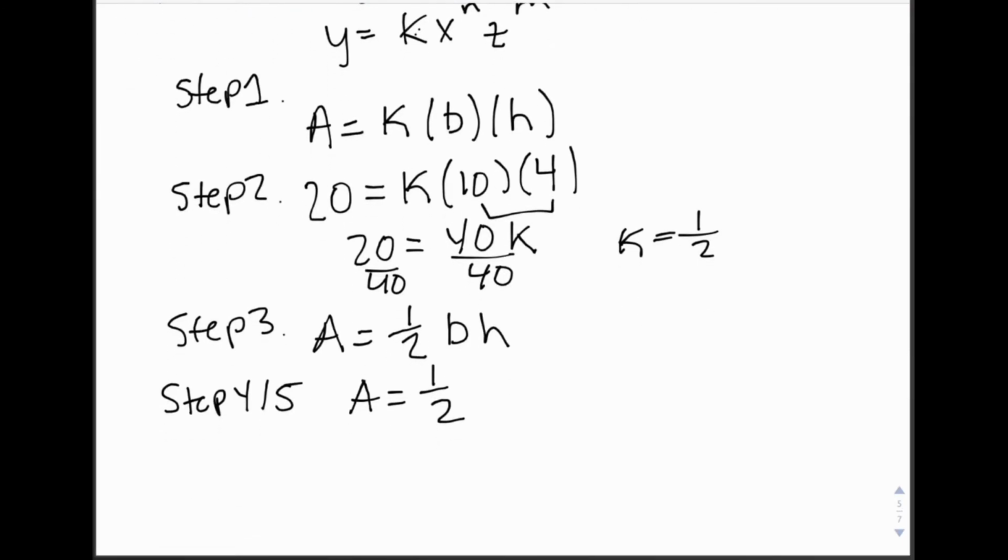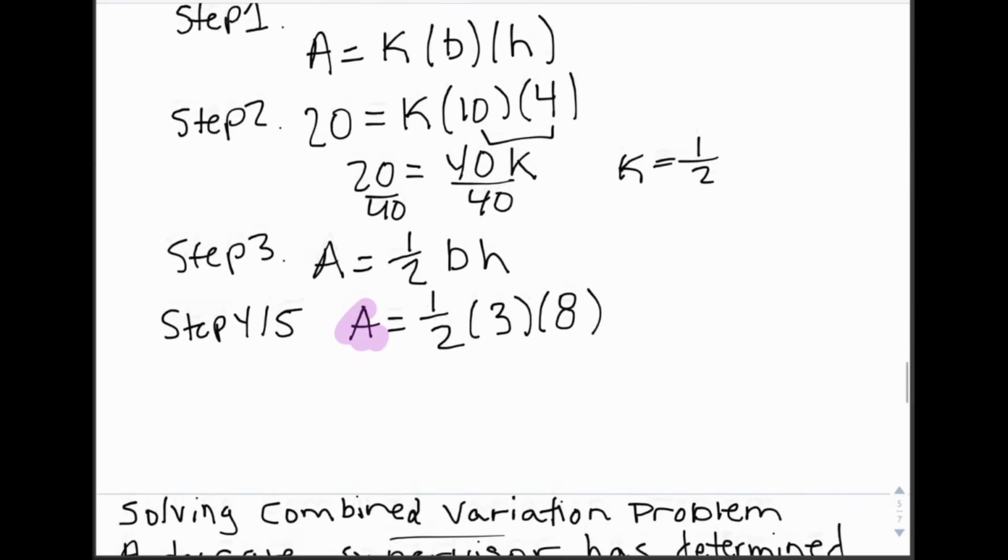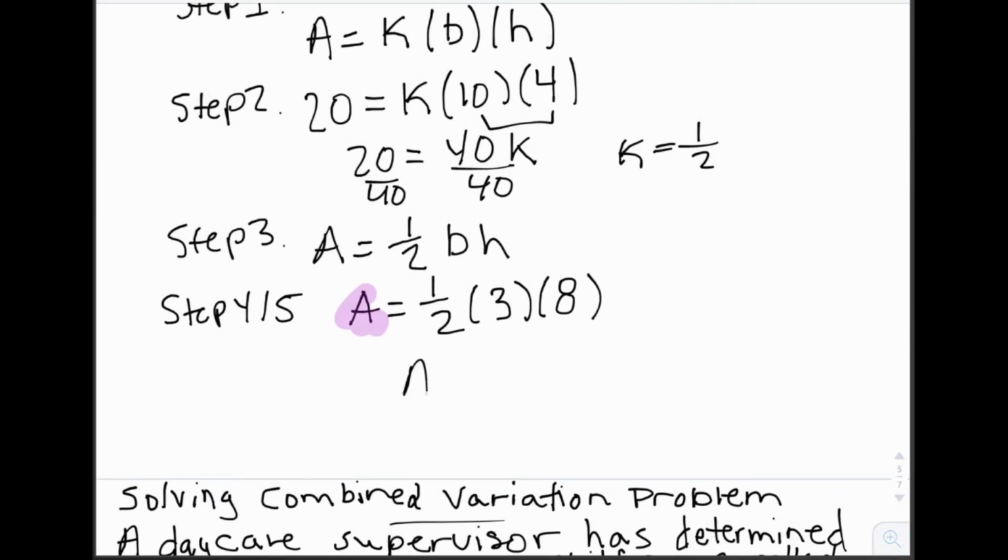So we want to try to find out our A here, given the fact that we know that our other values are a 3 as well as an 8. Now, given our 3 and our 8, this should give us an area equal to 12 feet squared.